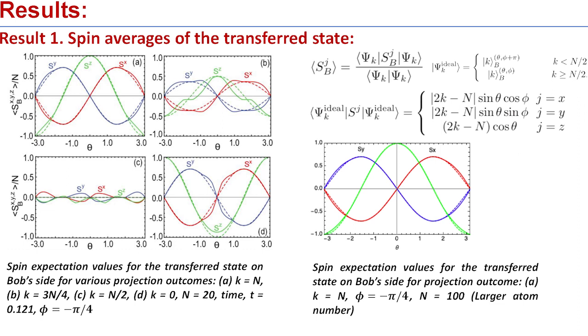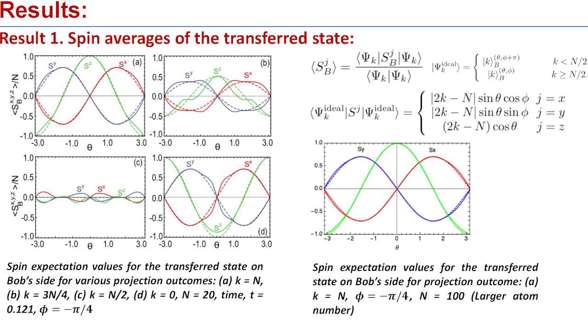Since this entangled state for an n-qubit system, the spin EPR state, we cannot prepare, we rather use squeezed states. That is one approximation we have used here, so there is a slight deviation from the ideal cases. Since there are n plus 1 projection outcomes, I have shown here four such projections and how the properties of the transferred state look.